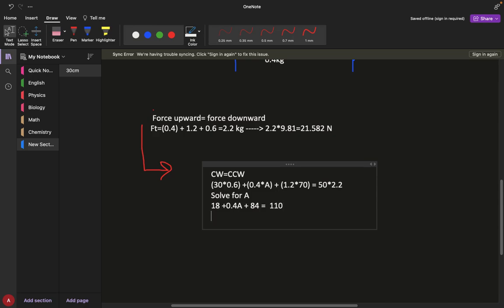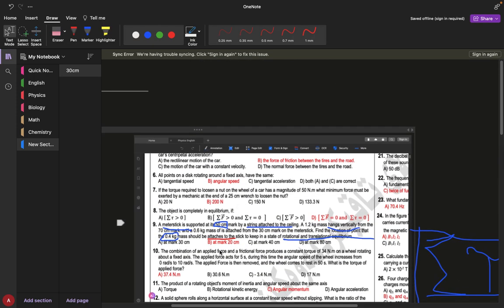Okay, now solve again. 110 minus 18 minus 84, that's going to be 0.4 a equal to 8. Solve for a. A is equal to 8 divided by 0.4, 20. And I gave it in centimeters, so 20 centimeter. That's why B is the correct answer.